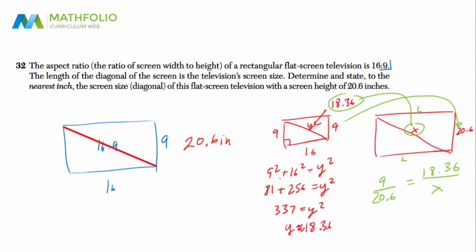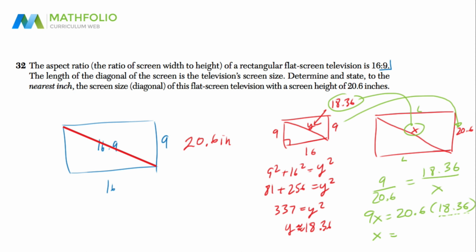So basically by cross multiplying, we've got 9x equals 20.6 times 18.36. Now I'm actually going to leave the full number on my calculator in there and just times that answer by 20.6, and then I'm going to divide by the 9 on my calculator, and that's when I get a final answer of 42.01.